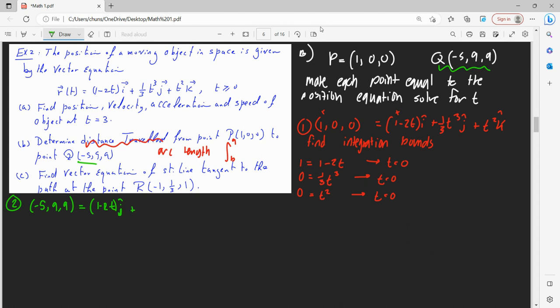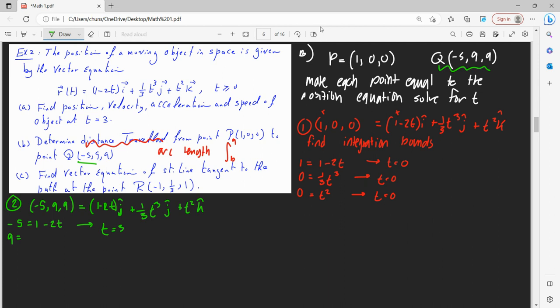That should be an i plus 1/3 t cubed j plus t squared k. So negative 5 equals 1 minus 2t. And that gives us negative 6, so t is equal to 3.